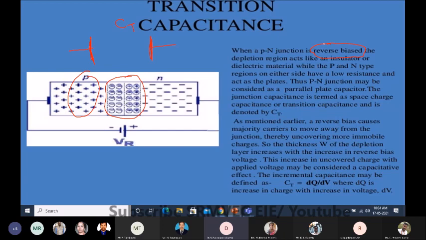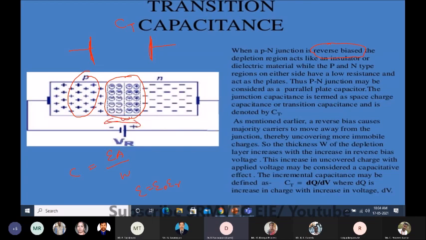According to the definition of parallel plate capacitance, C is equal to epsilon A by W, where epsilon is given by epsilon naught into epsilon R. Epsilon naught is the free space permittivity and epsilon R is the relative permittivity depending upon the material, so whether it is germanium or silicon, we have to take accordingly. A is the area of the cross section and W is the width of this layer.